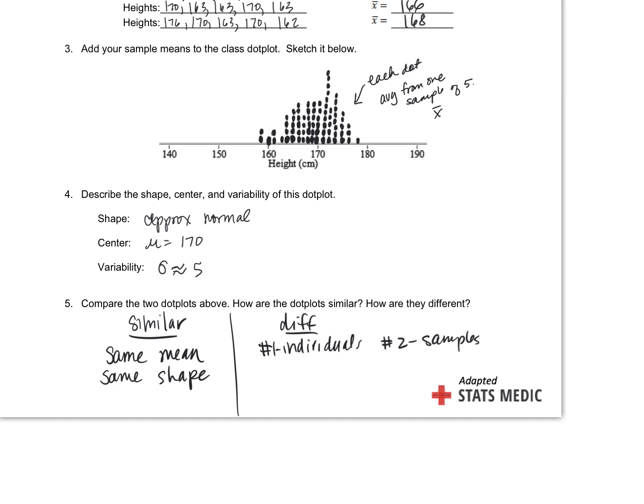What about variability? Different, okay. So variability on number 1. Is it big or little? Comparatively, it's bigger. Has bigger variability. And number 2 has smaller or narrower.